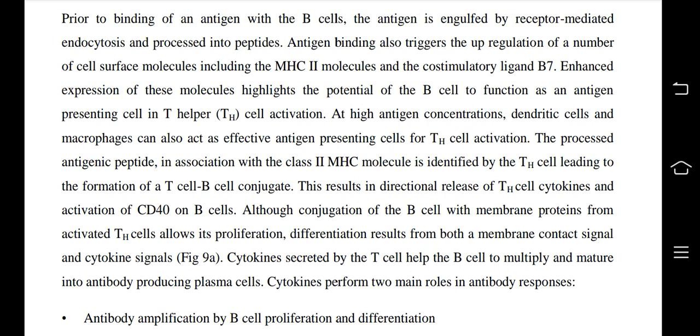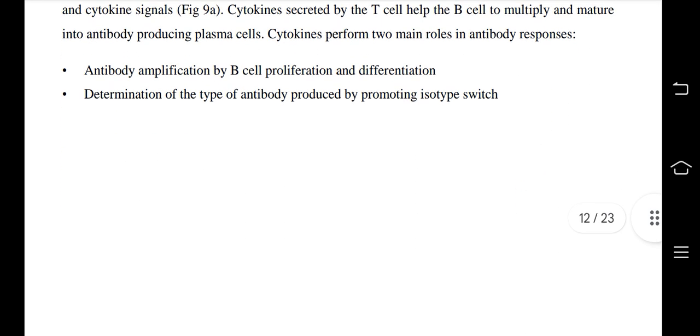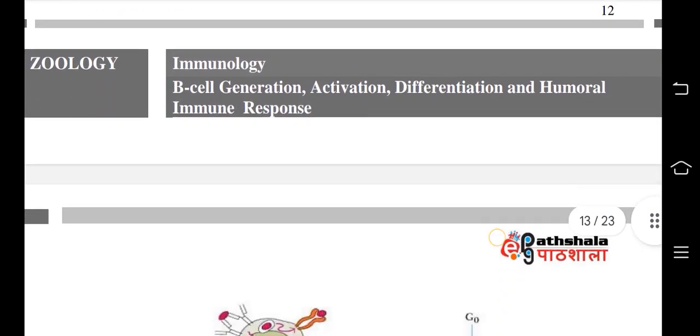Cytokines secreted by the T cell help the B cell to multiply and mature into antibody-producing plasma cells. Cytokines perform two main roles in antibody responses: antibody amplification by B cell proliferation and differentiation, and determination of the type of antibody produced by promoting isotype switch.